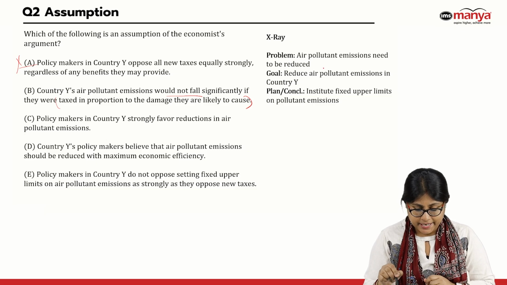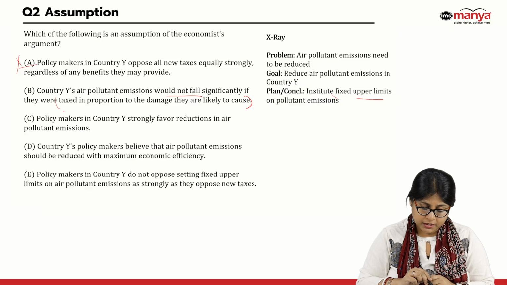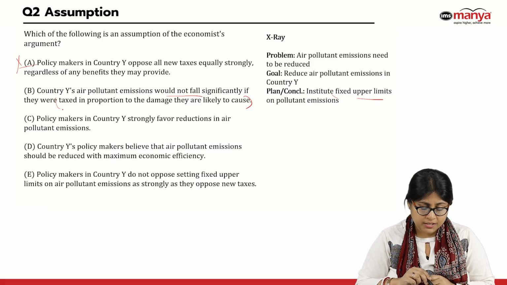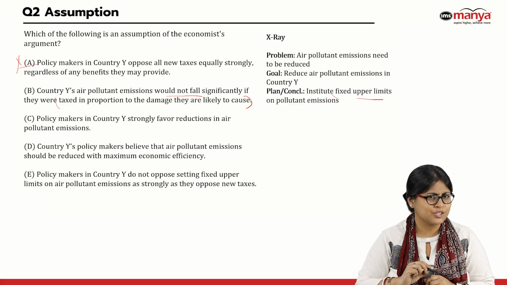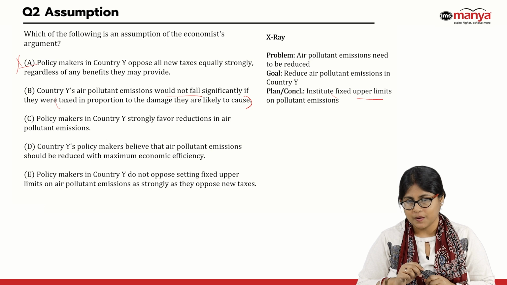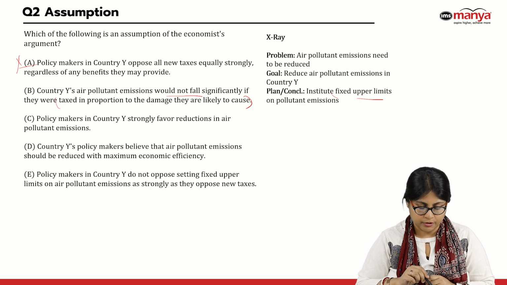My X-ray tells me that the plan of action is to fix upper limits, not to tax, because eventually in one of the statements, the economist has clearly mentioned that fixing taxes in proportion is not really a feasible choice because policymakers oppose it. They don't allow it. And mostly these are untaxed, unregulated.